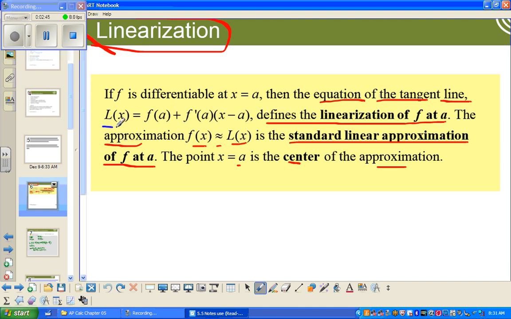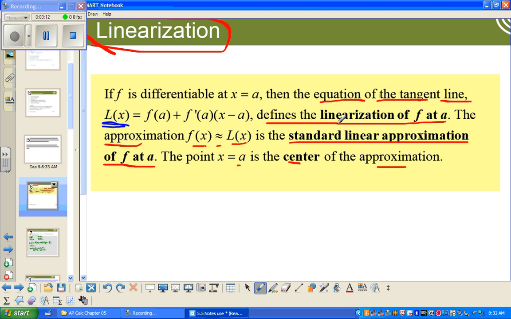This L of x is simply what we're calling the equation of our tangent line. What we've done in the past is write this f of a, that's like our y coordinate. Our y value when x equals a is f of a. And we usually just wrote that over on this side. This is just the equation of our tangent line.